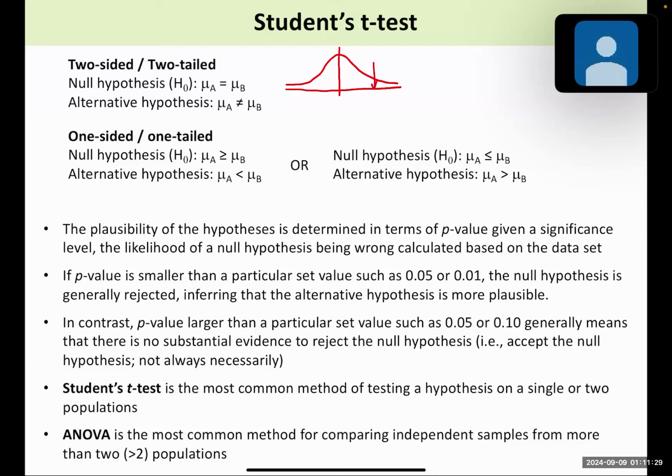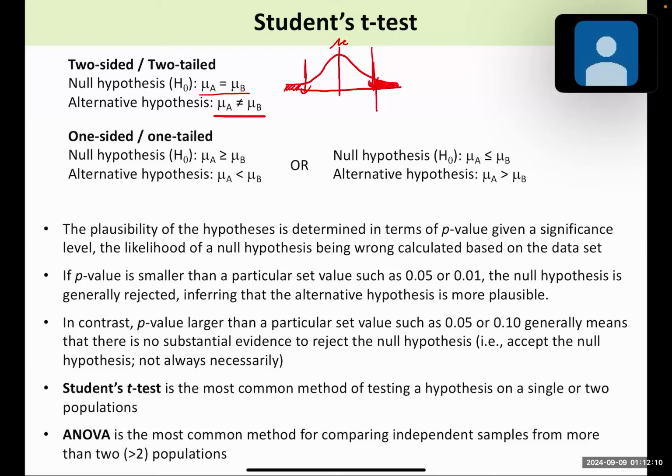In two-sided or two-tailed student's t-test, it doesn't really care whether your point is larger than the mu value or lower than the mu value. So in two-tailed student's t-test, it measures whether your experimental value is statistically different from the original population. So the null hypothesis is whether it's the same, and the alternative hypothesis is whether it's different.